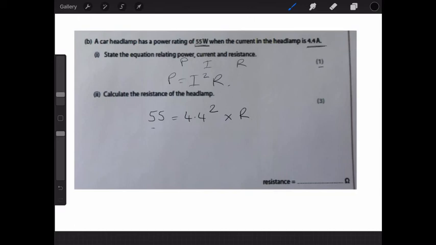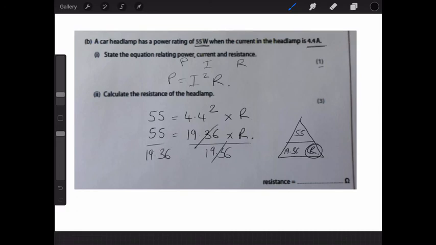So the first thing I'm going to do is find out what the square of 4.4 is, and it's 19.36. And then you could use your triangle if you wanted to. If you were making a triangle, then you would have the 55 in the top of your triangle, the 19.36 and the R down here, which means when you cover over the R, it's showing you to do 55 divided by 19.36, which is the same as the way I prefer to do it, which is the balance method.